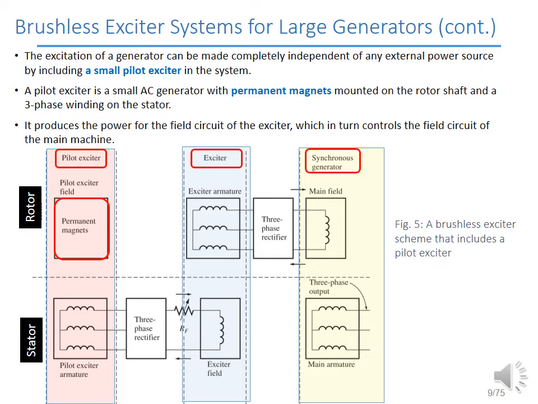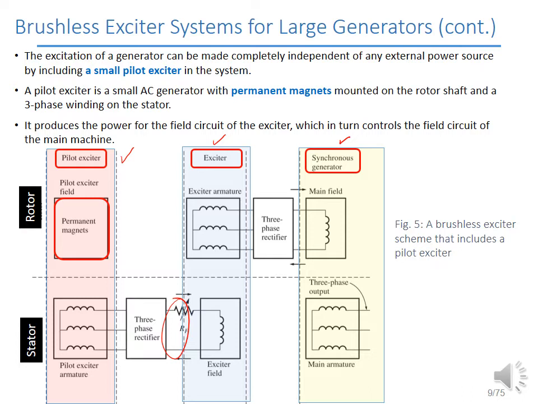In addition to the synchronous generator and the exciter, we've got an additional subsystem, which is the pilot exciter. The function of this pilot exciter is to provide the DC voltage to the exciter field of the exciter.